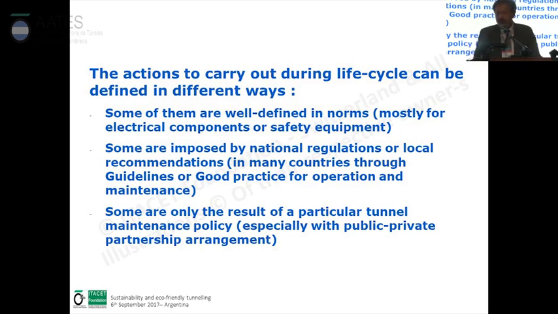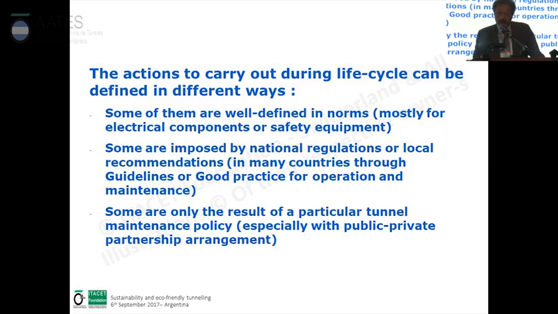You also have some national regulation or local recommendation. In many countries, for example, you have recommendations for good practice for operation and maintenance. It gives the frequency of the action and the kind of action you have to do, and so you can input such actions in the methodology.